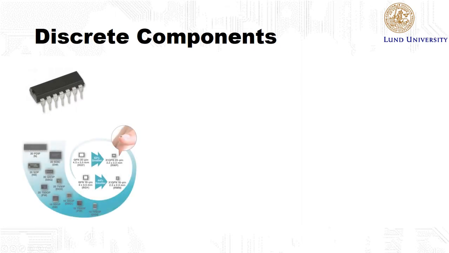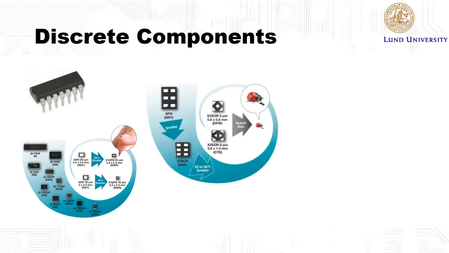Probably the first technology to encounter while learning digital circuits is to implement designs using discrete components. Discrete components come in many flavors. Some are designed for high speed, others are designed for low power consumption. Also, the physical size of the IC package varies a lot, from relatively large to very, very tiny.